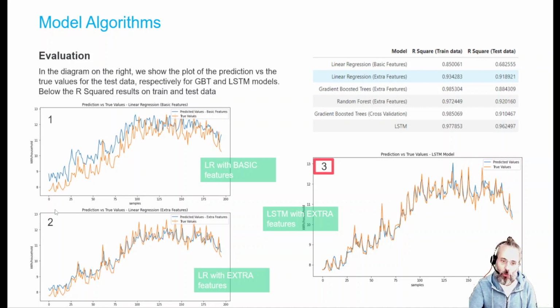In number 2, we see the linear regression with the extra features, and we see how the extra features really improve the performance of the model. Finally, in number 3, which has the best R squared on the test data, we see the prediction is even better.